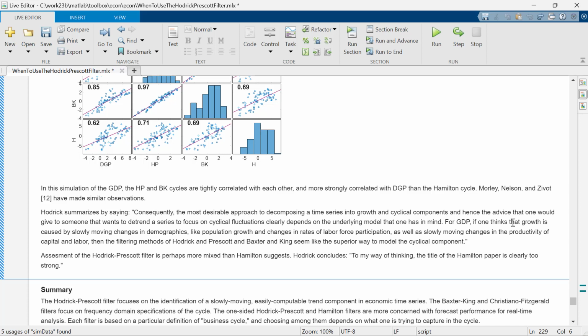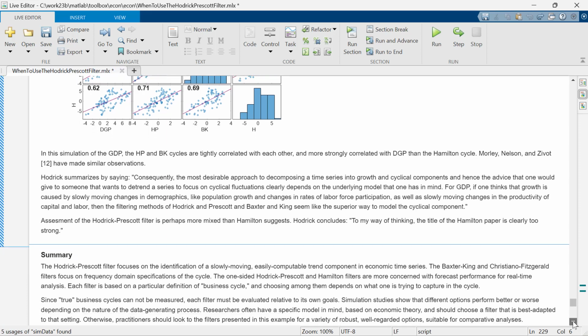We talked in this example about when to use the Hodrick-Prescott filter rather than never use the Hodrick-Prescott filter. And we've seen that it's valuable in a lot of different circumstances for a lot of different time series, just as the Hamilton filter is valuable for certain applications, and the Baxter-King and Cristiano-Fitzgerald filters, depending on your objectives.